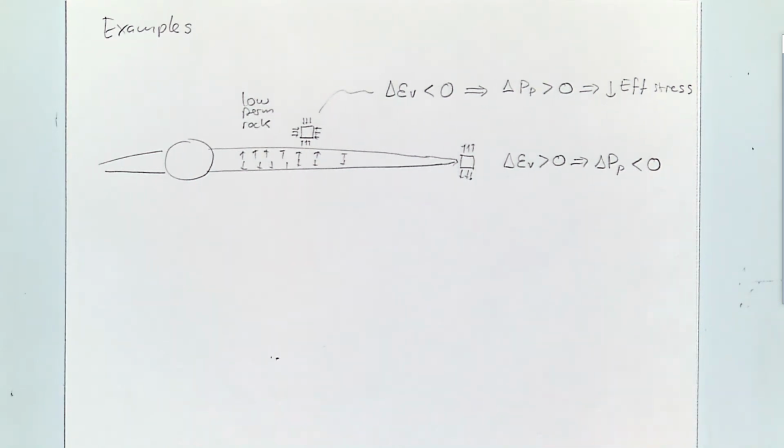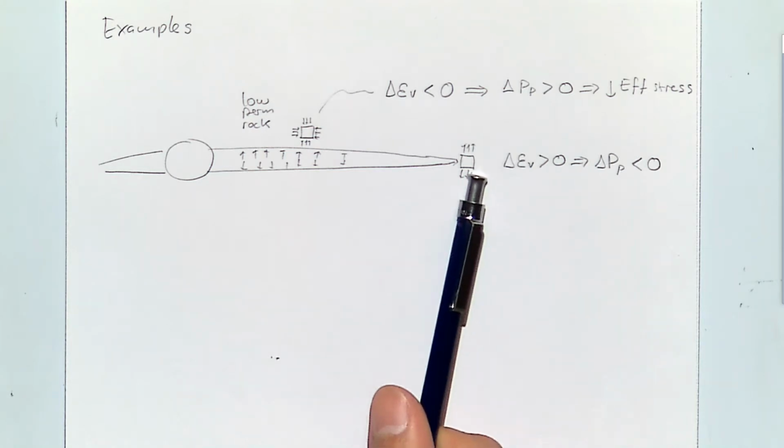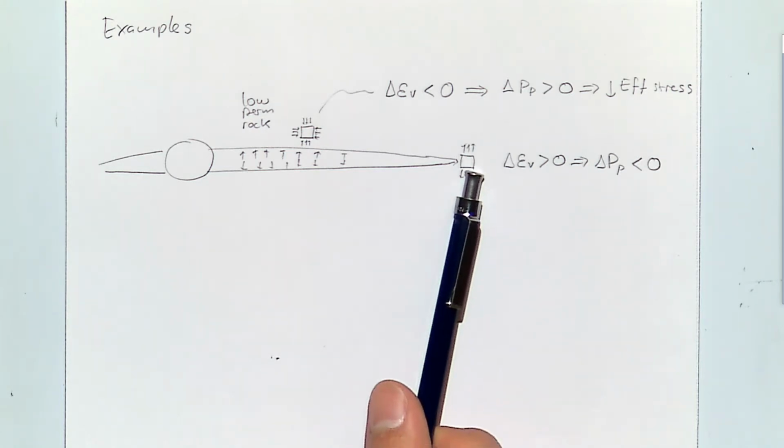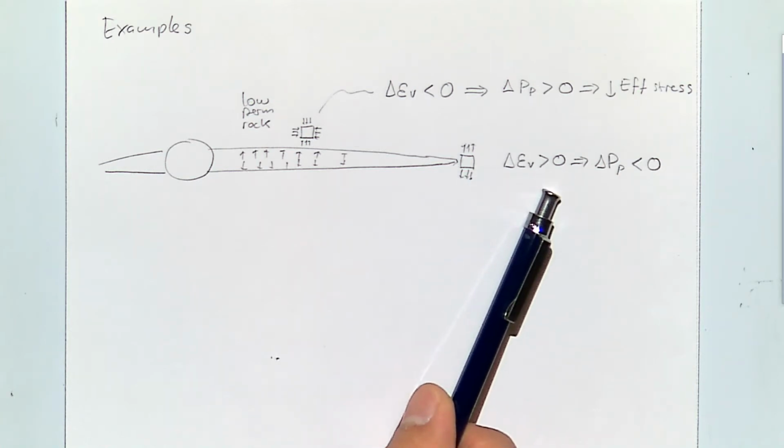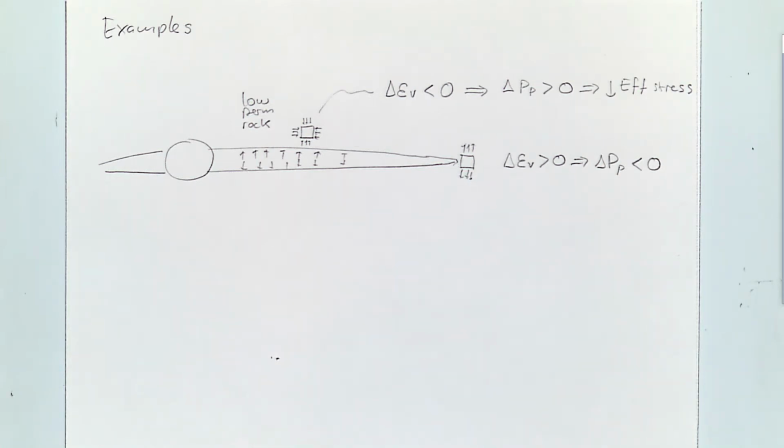And that means that, in theory, effective stresses would go up. But it also means that sometimes you could lower the pressure at the tip of the fracture just because you are in an undrained process, you are causing a dilation of the porous solid.